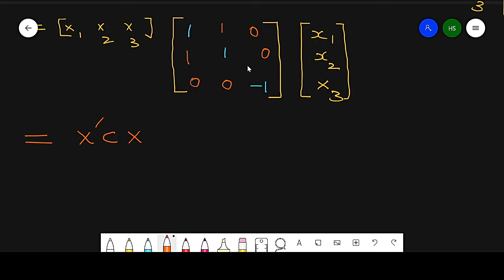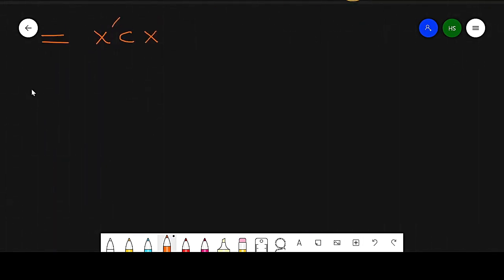In this case we can find the symmetric matrix from the quadratic form. Similarly, the next questions are very important.